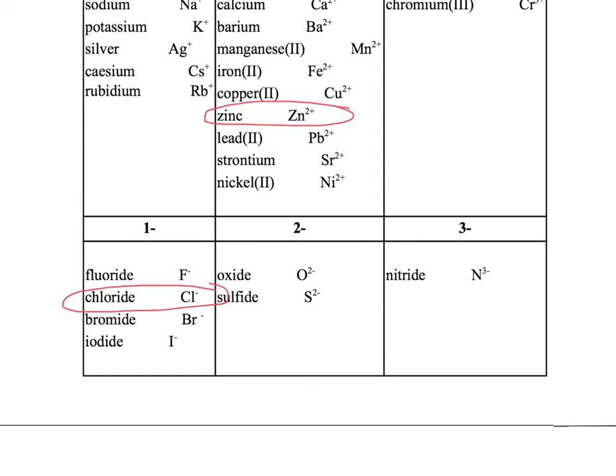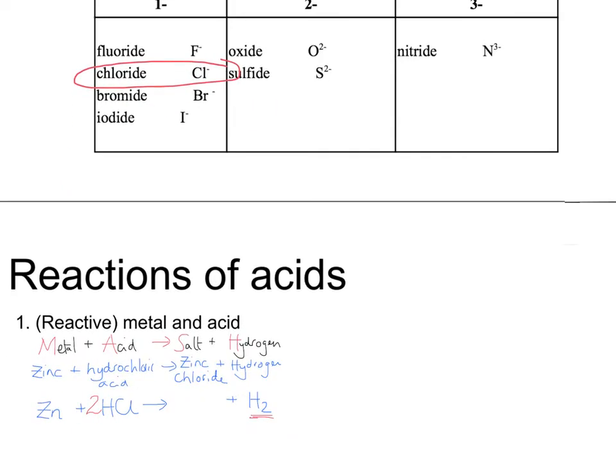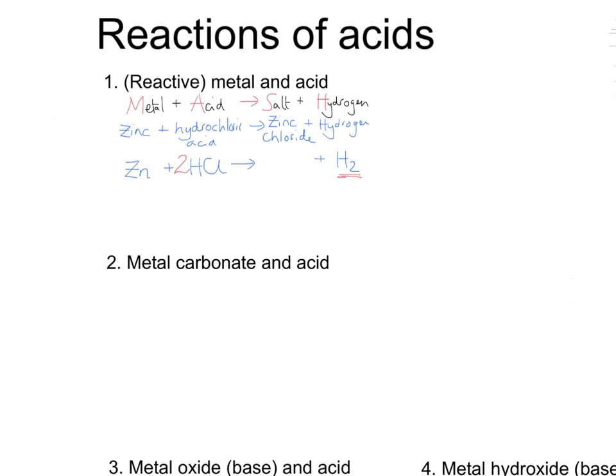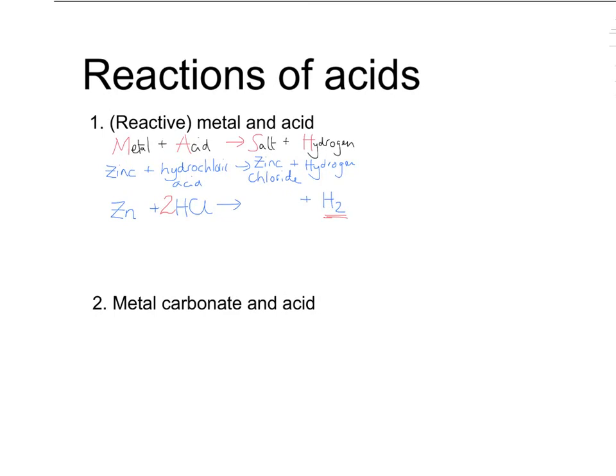Okay, so if I now go back to this reaction, you should be able to see that if I have Zn2+ and I have Cl-, I need the charges to add up to 0.